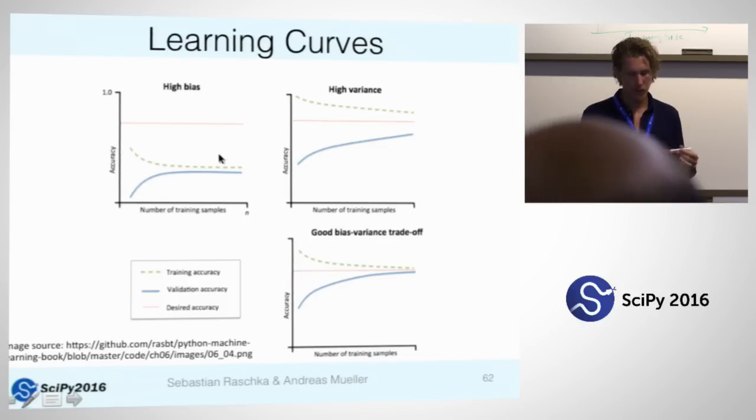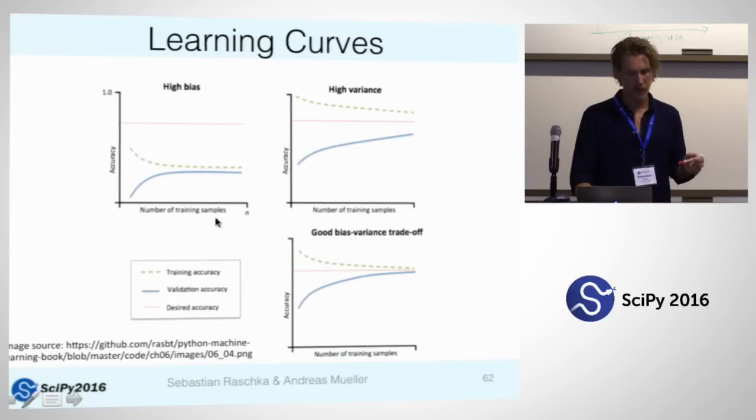If we plot learning curves as a function of the number of training samples, we can see, for example, that the test and training accuracy are both pretty low. And if you see a large difference between training and test performance, it usually means your classifier is overfitting. It usually gets better the more samples you give it.